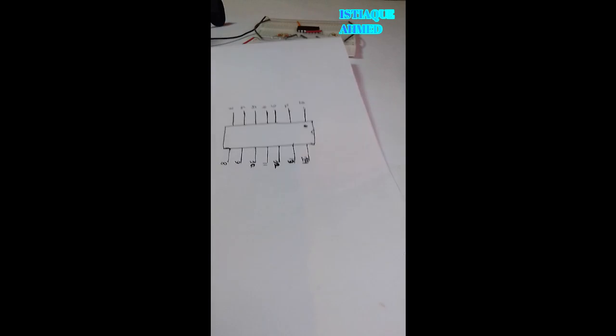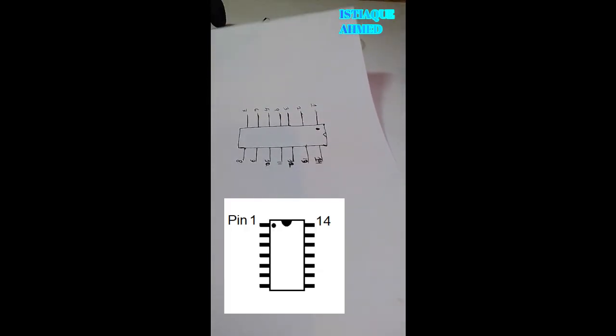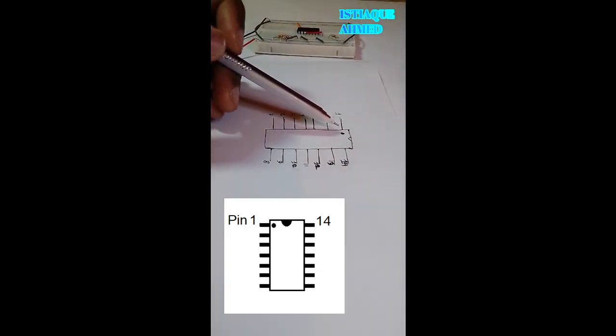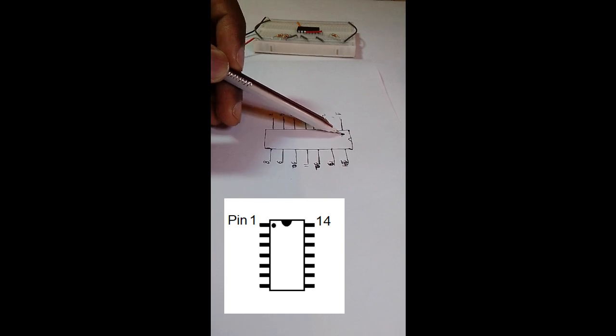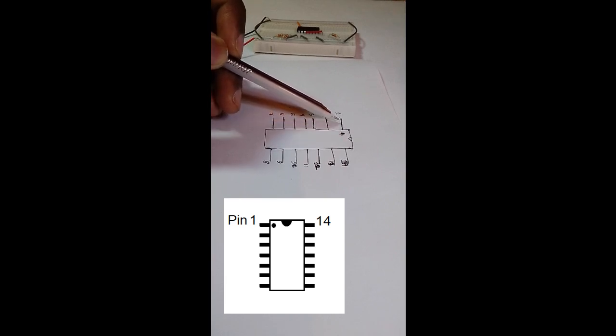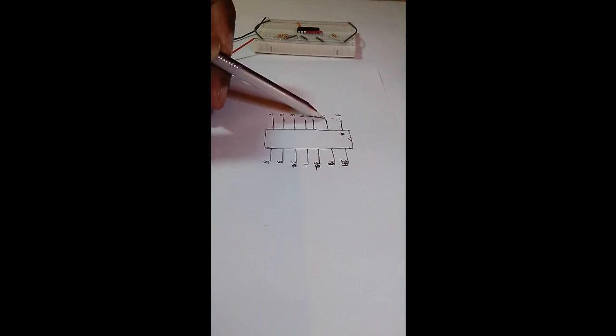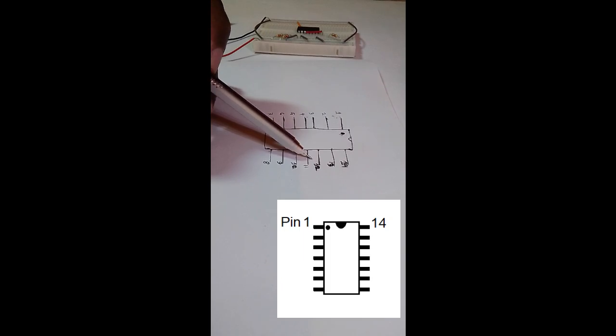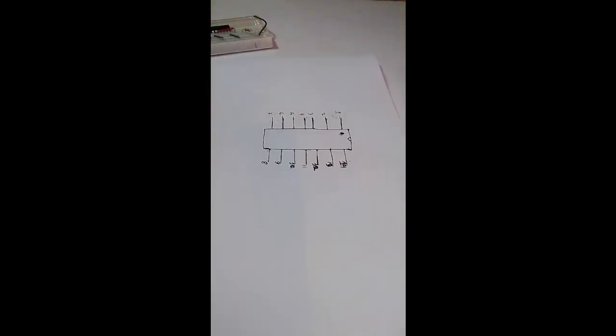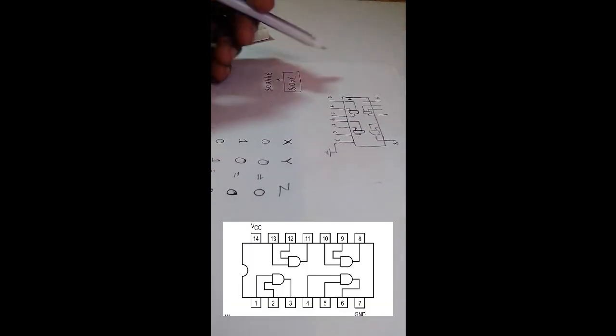Normally this chip looks like this in the diagram. In the chip we see a dot above, and from this dot side pin number 1 starts, and goes 1 2 3 4 5 6 7 8 9 10 11 12 13 14. Now in this chip we see how the gates are arranged.